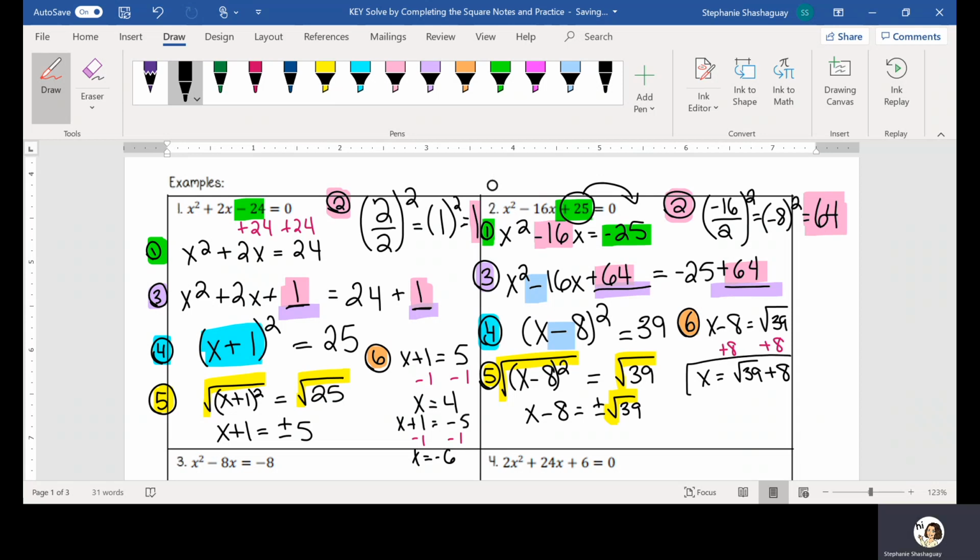There's nothing we can do to simplify that any further. So that is one of our answers. And then we also have x minus 8 is equal to a negative square root of 39. So we add 8 and add 8. And x is equal to negative square root of 39 plus 8.